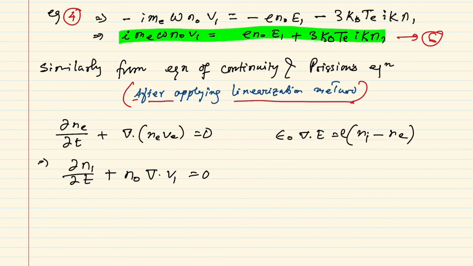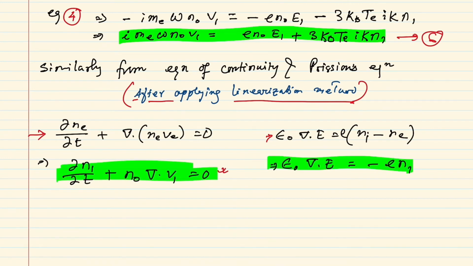So linearizing the above equation we get this one, and linearizing this Poisson equation we got epsilon naught del E is equal to minus e n 1 after linearization. So these are the equations we have obtained from the equation of continuity and Poisson's equation after linearization.